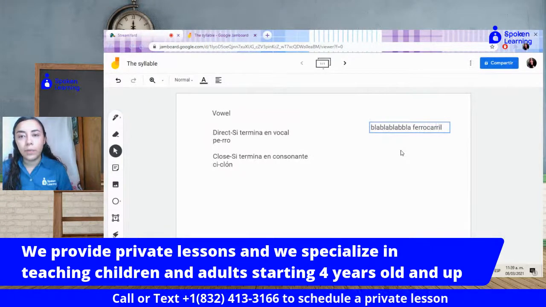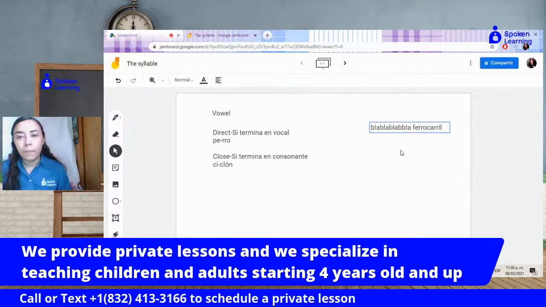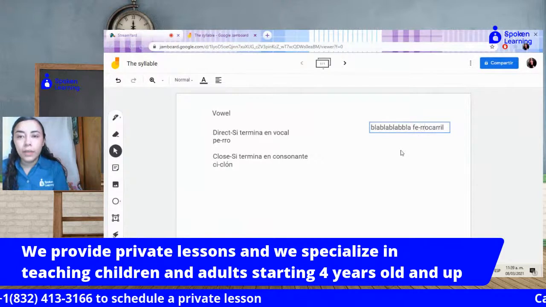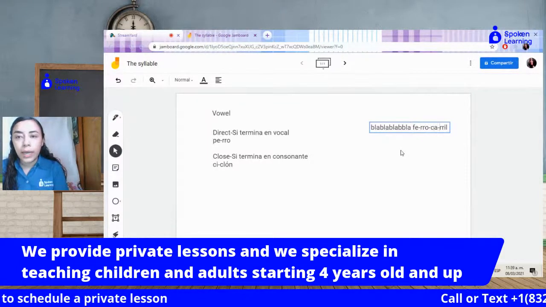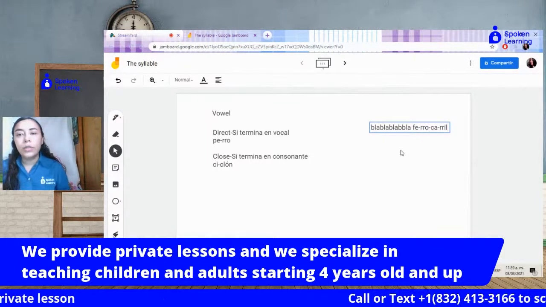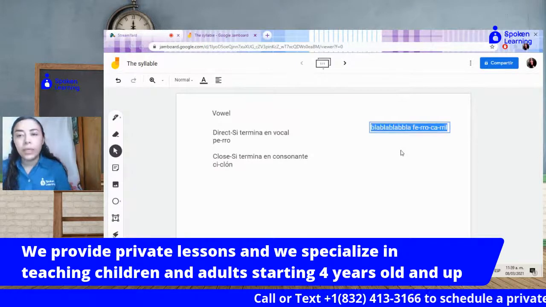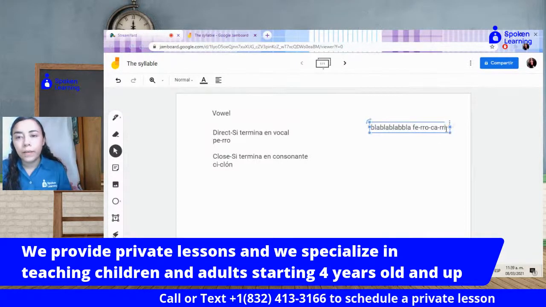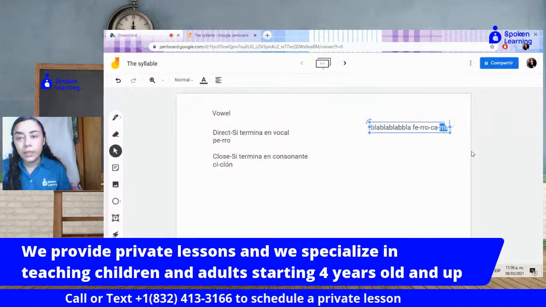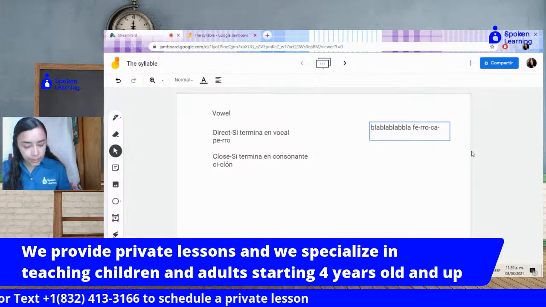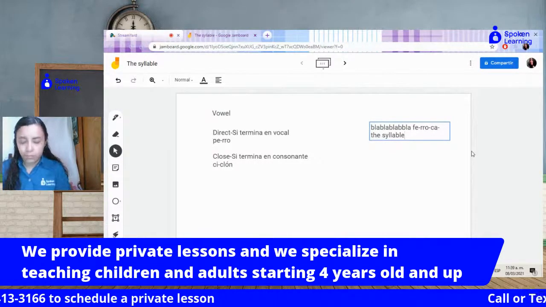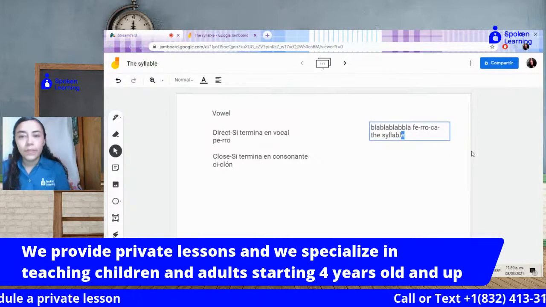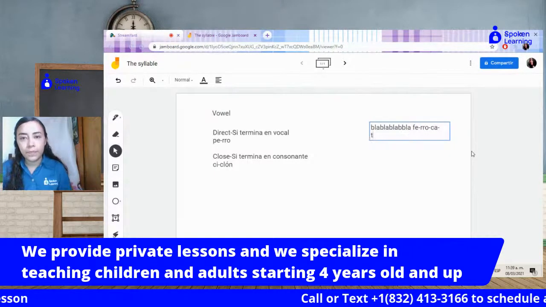Okay, so for example, in here we separate fe, rro, ca, rril. So in this case, if I don't have the space in here, I need to put it down. Ferrocarril.